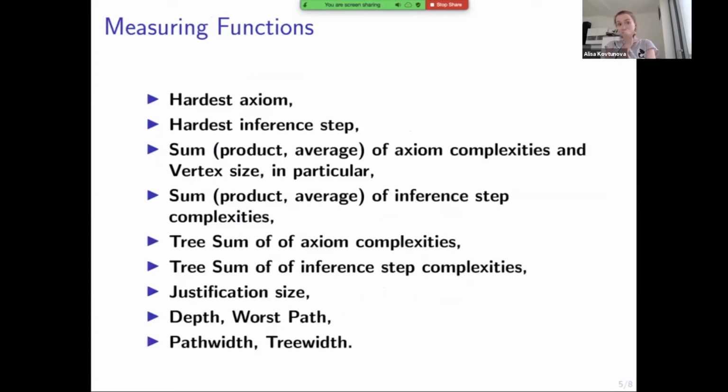And to measure goodness, we considered several measuring functions. For example, you can say that a proof is as hard as its hardest axiom, or you want to sum all axiom complexities which are part of the proof, or you may consider proofs which are tree-shaped.